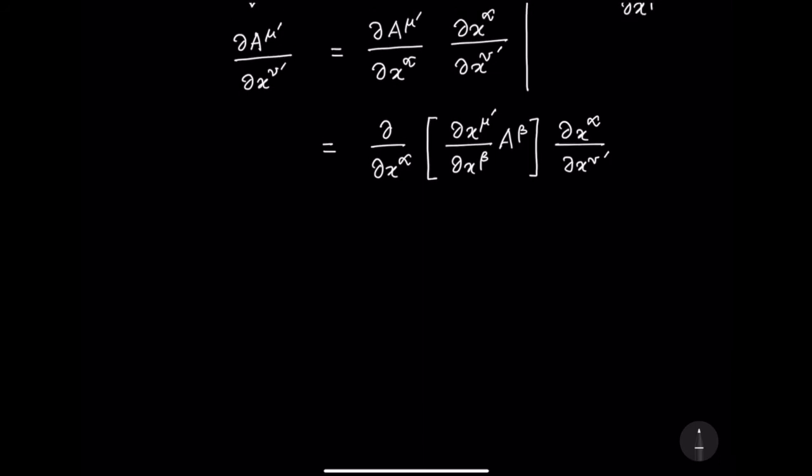I get that del A mu prime over del x nu prime, which we wrote as R mu prime nu prime, is equal to a term here which is del A beta over del x alpha, and with that I will have an extra term.